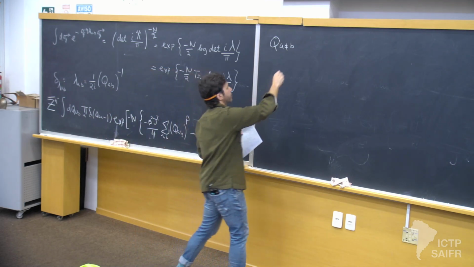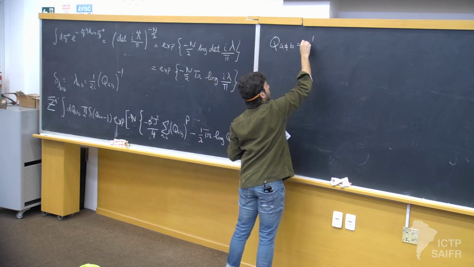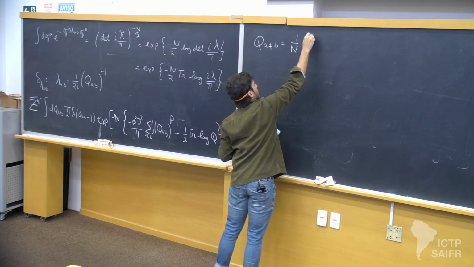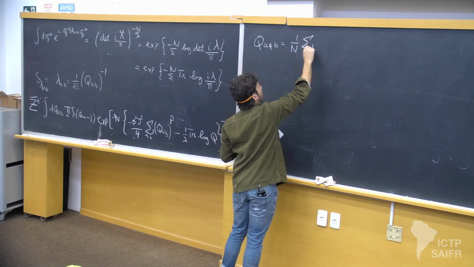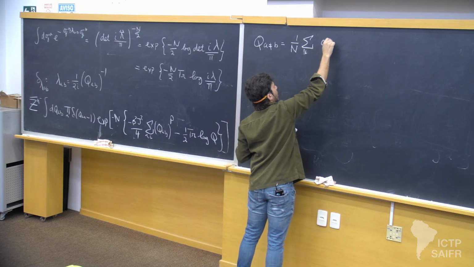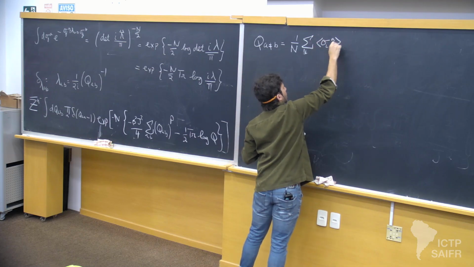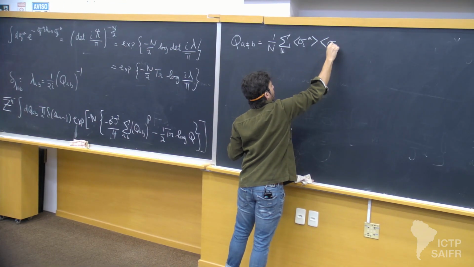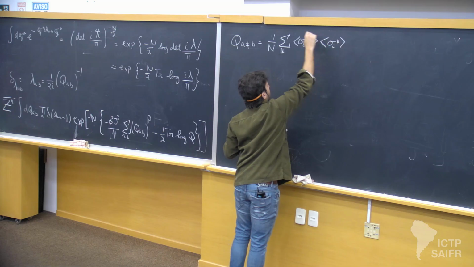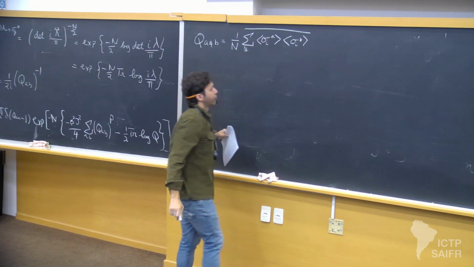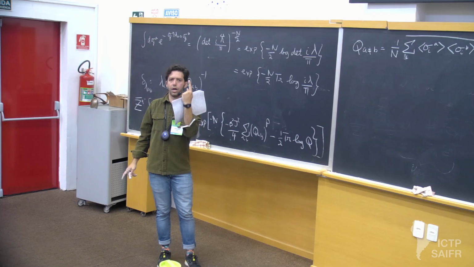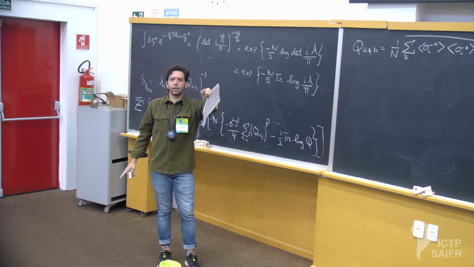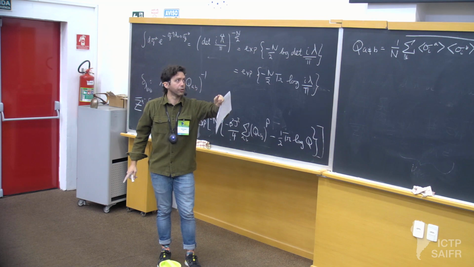So really, we should write this as, and then we take the disorder average. So it's computing the 1-point function in each replica and dotting it into the 1-point function in another replica.